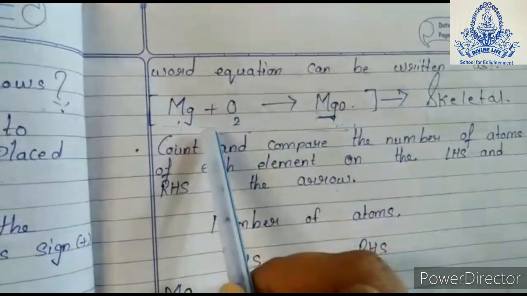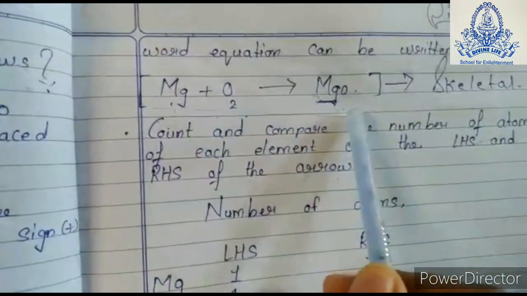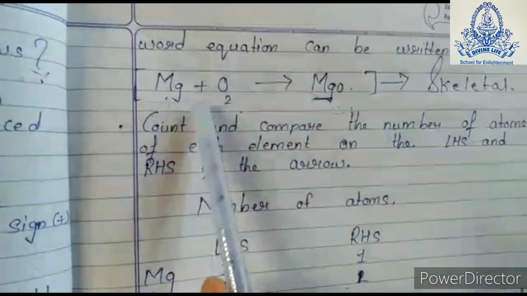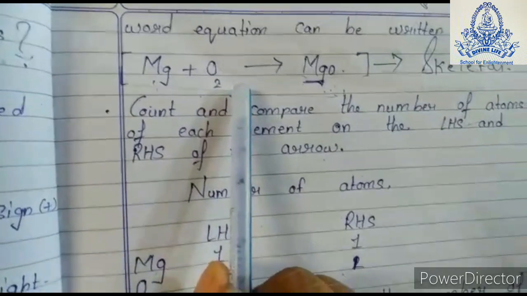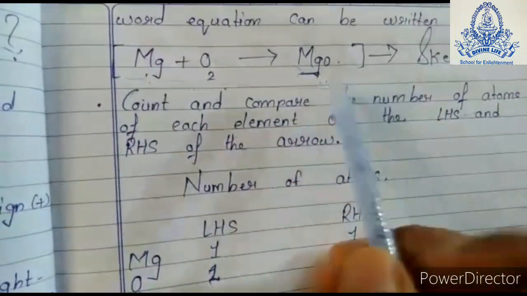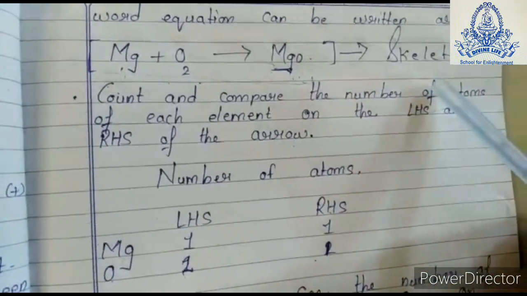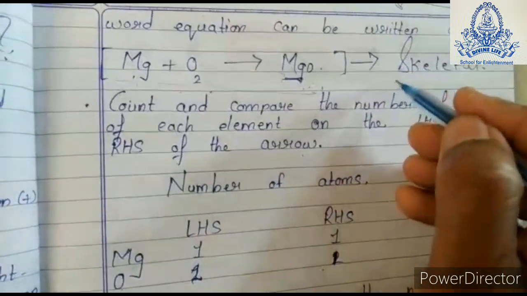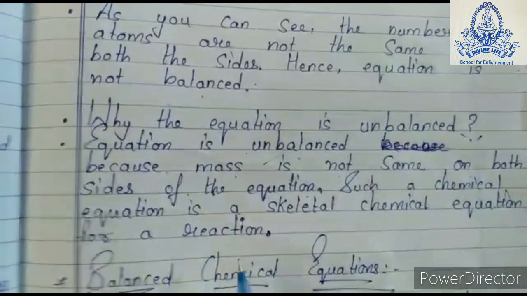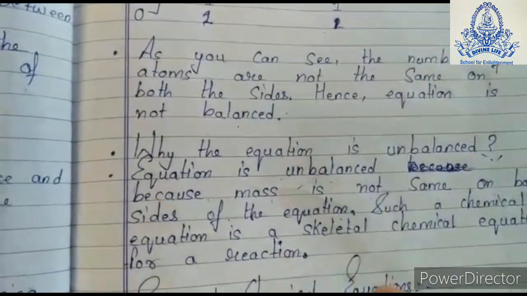See here, the number of atoms on the left hand side and the number of atoms on the right hand side are not equal. Hence, the chemical equation is said to be unbalanced. Why is this chemical equation said to be unbalanced? Because the masses on the right hand side should be equal to the masses on the left hand side. Now, such kind of chemical equation is said to be what kind of chemical equation? Skeletal chemical equation for the reaction. Hence, we are stopping here.